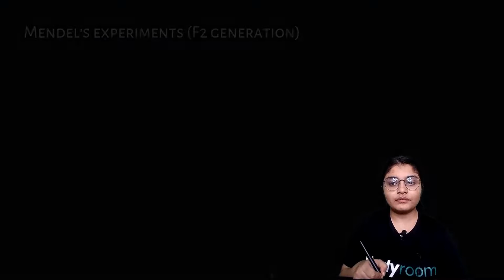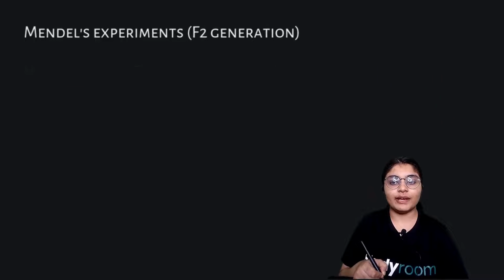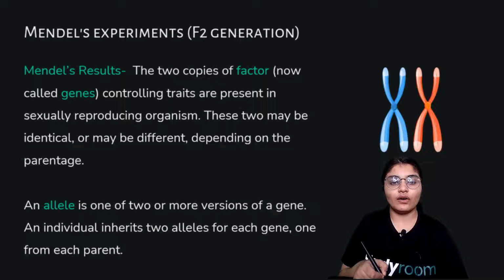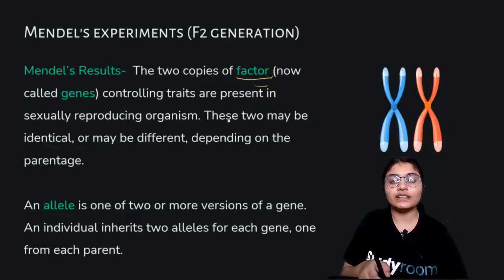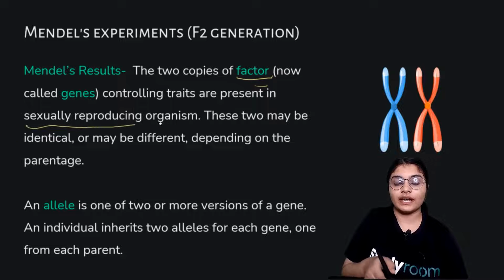Now, Mendel's experiments and the results that he got showed that two copies of a factor, now called genes, controlling traits are present in sexually reproducing organisms. So there are certain genes which control the expression of the traits in the sexually reproducing organisms.